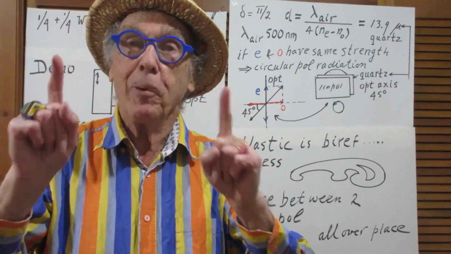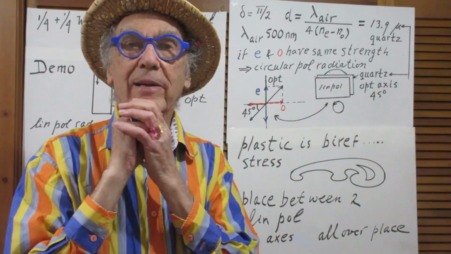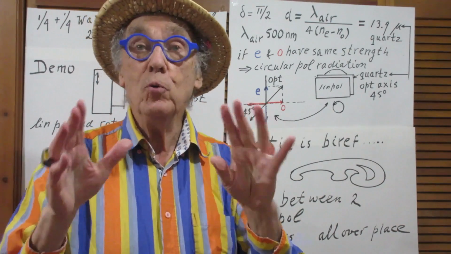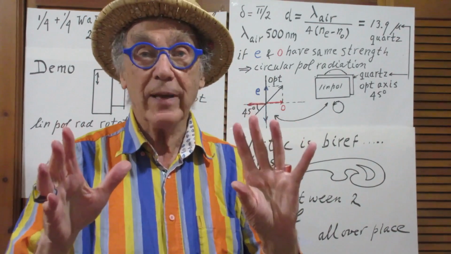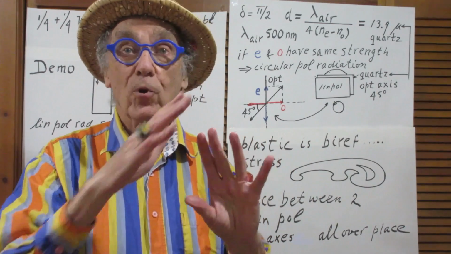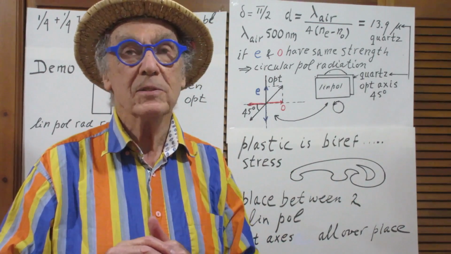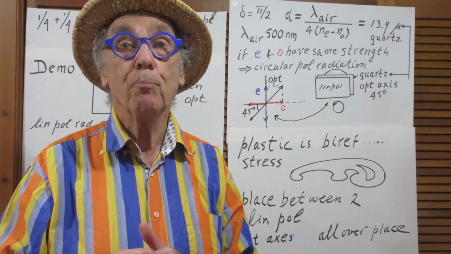Therefore, a half wave plate should also be able to rotate linear polarized light by 90 degrees if you do all the right tricks and make the optical axis at an angle of 45 degrees with the direction of polarization.